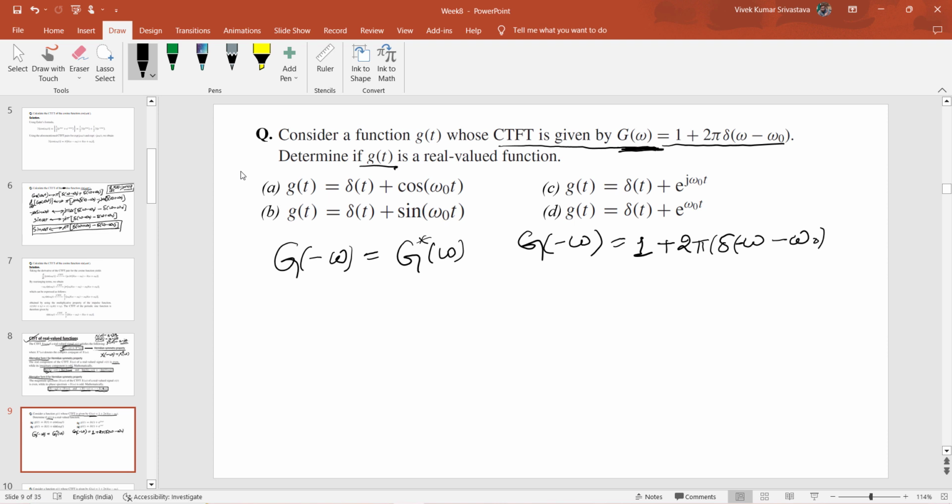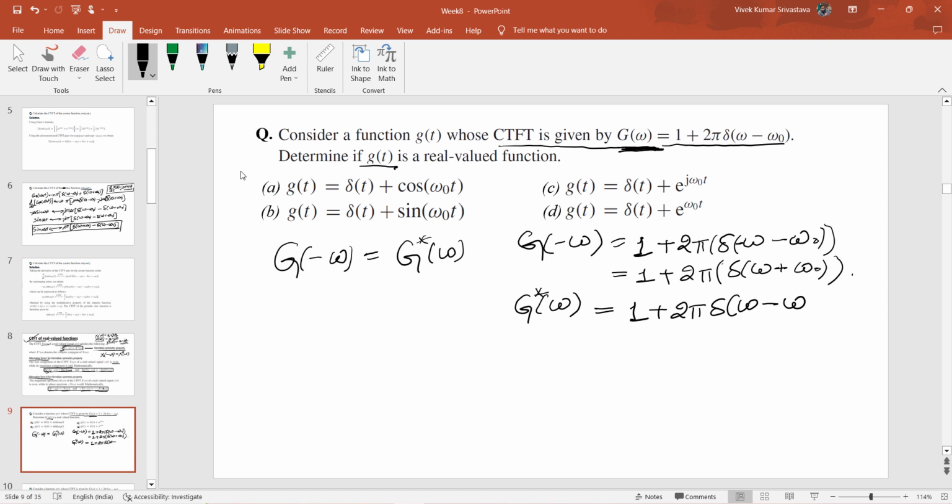As we know that the delta function is an even function, we can further simplify this as 1 plus 2 pi delta of omega plus omega naught. Whereas if you take the conjugate of G of omega, you will get the same function, 2 pi delta of omega minus omega naught.